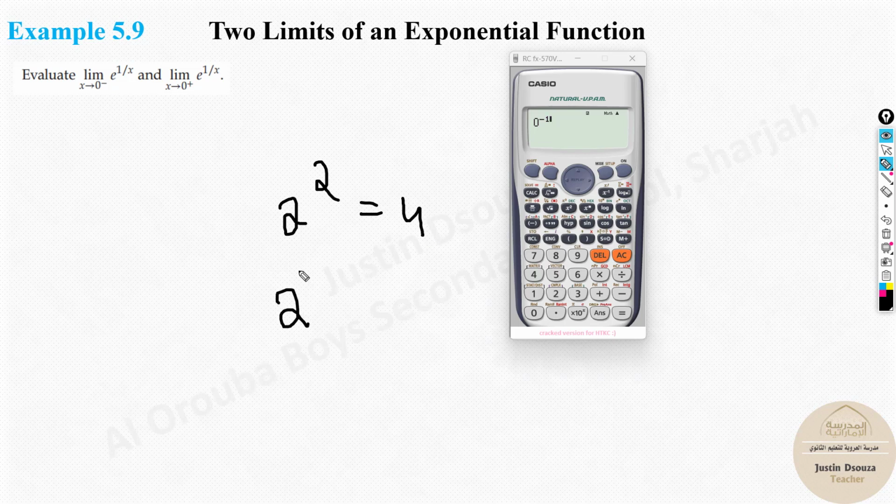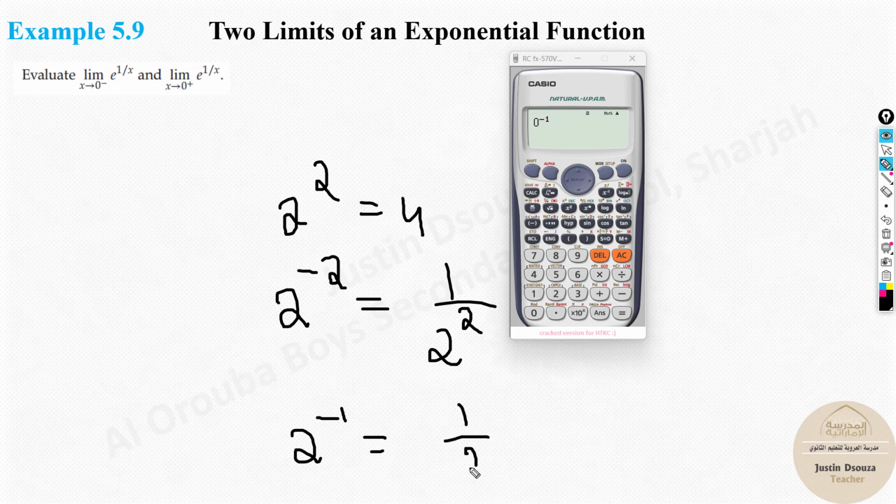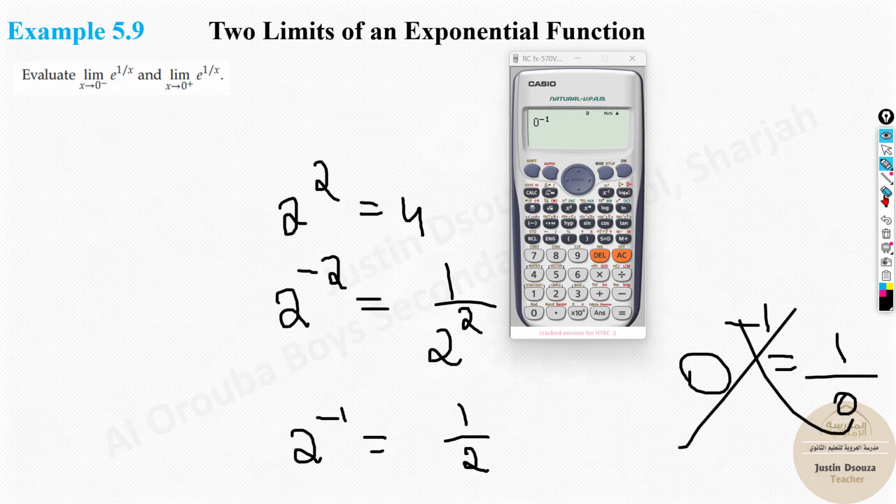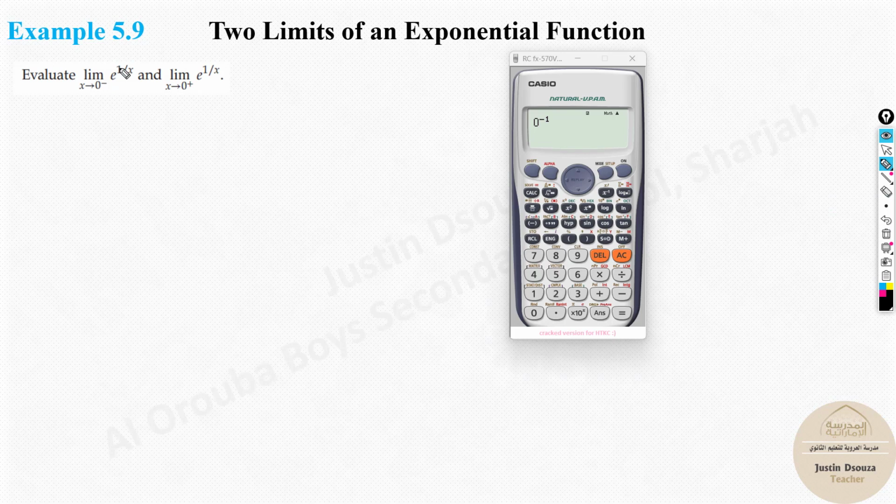But let's take 2 to the power minus 2. You can make this positive by taking it to the denominator. So it will be 2 squared. If I have 2 to the power minus 1, it will be 1 by 2 to the power 1 or 1 by 2. Same way, if you have 0 to the power negative 1, it will be 1 divided by 0, isn't it? This is wrong, undefined.